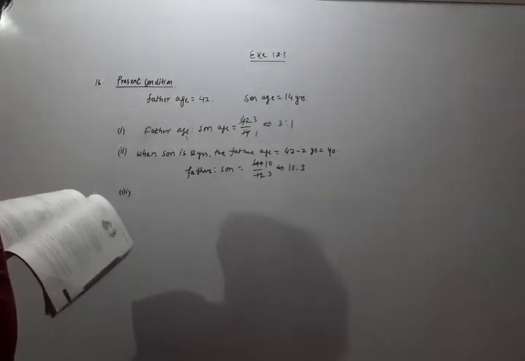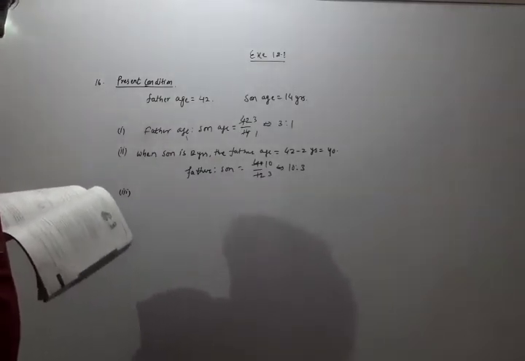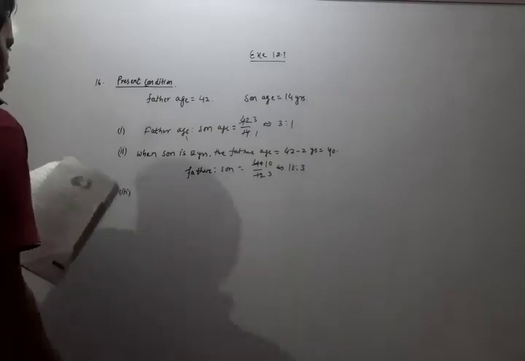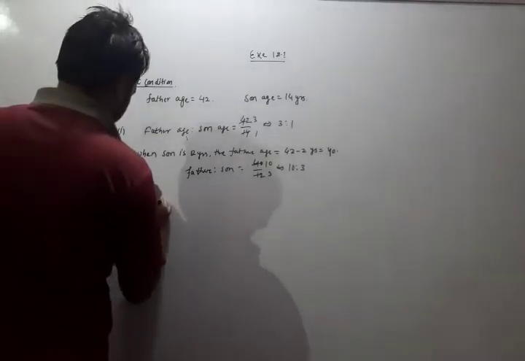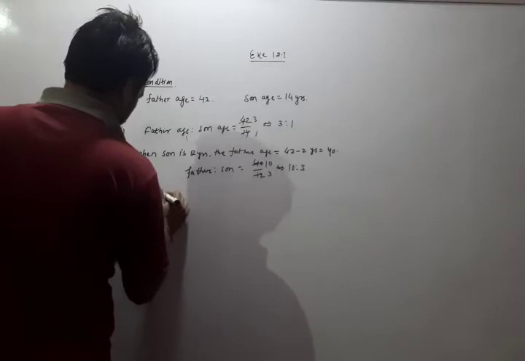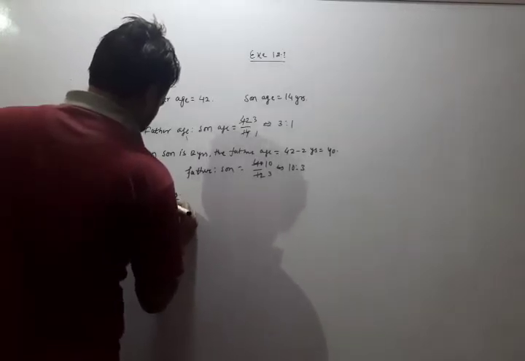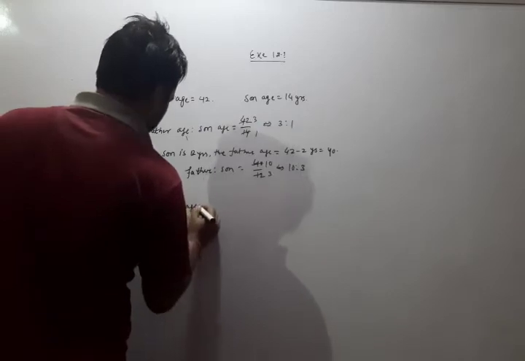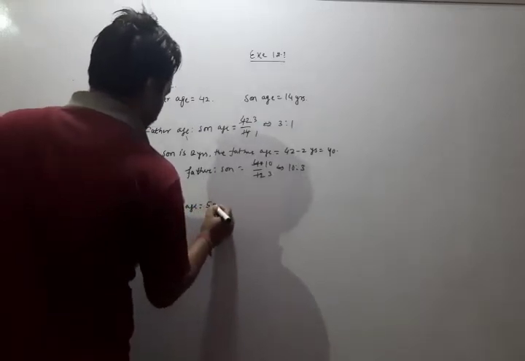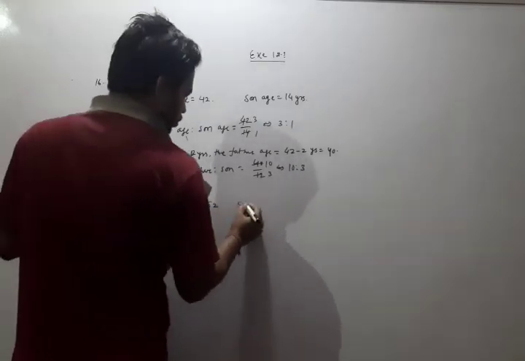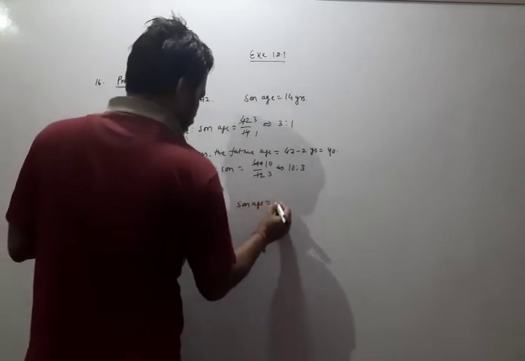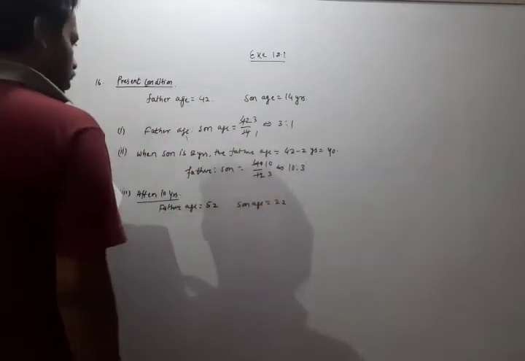In question number 3, age of father after 10 years and age of son after 10 years. After 10 years, father's age will be 52, son's age will be 24.